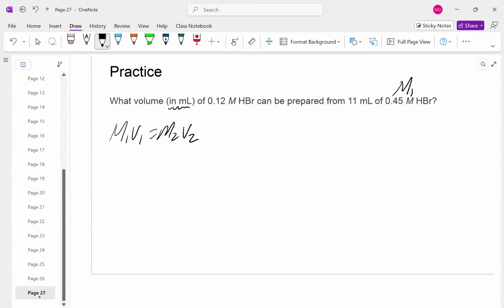And we are taking 11 milliliters of it, so that's our before volume. And we're getting to 0.12 molar. Now, the way I know that that has to be M2 is because it's a lower concentration. Dilutions, just by virtue of the name, always go from high concentration to lower concentration. And so we're going to solve for V2.